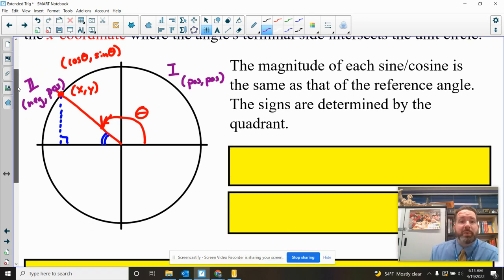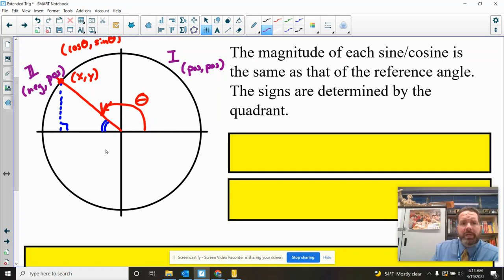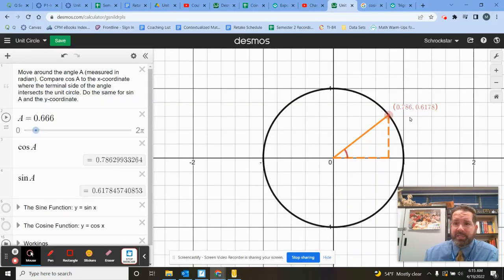Let's continue on. In quadrant 3, if we put a point down here, well, that would mean that I'm going to have a negative x because we're to the left of the origin. I'm going to have a negative y because we're below the origin. For an angle in quadrant 3, I'm going to head back here to the sketch real quick. The sine and the cosine are both negative numbers.